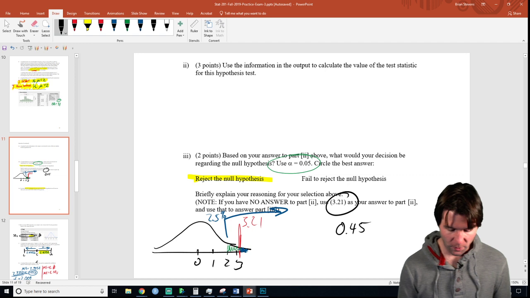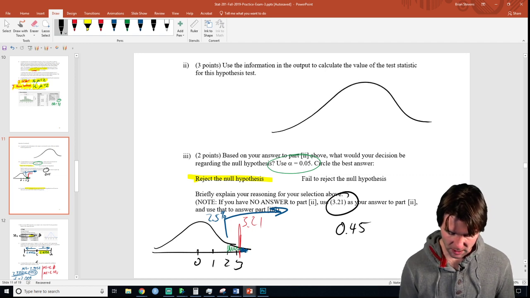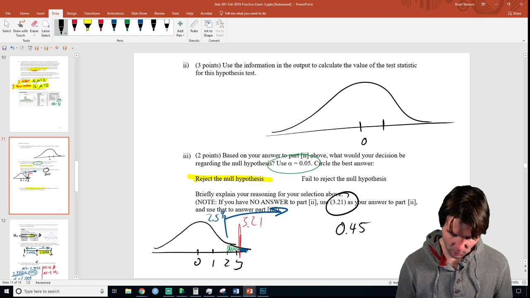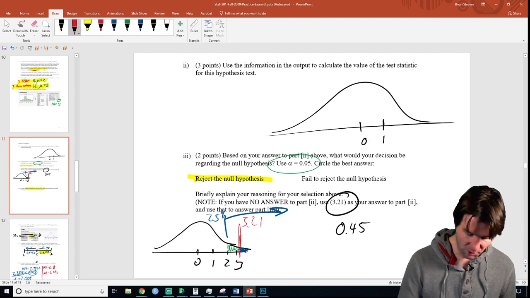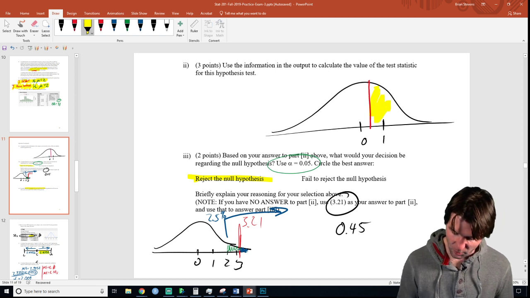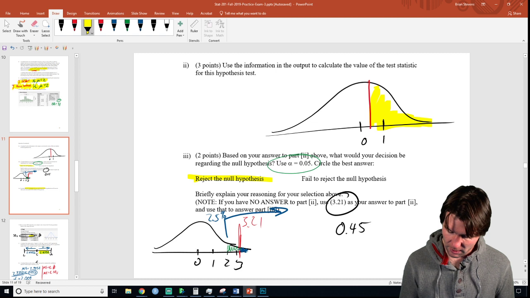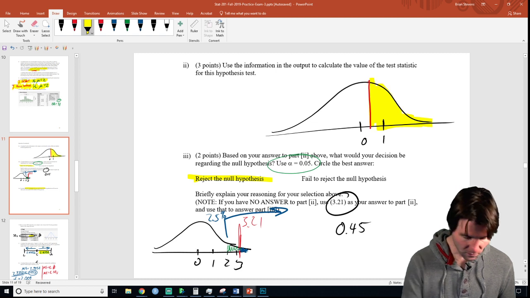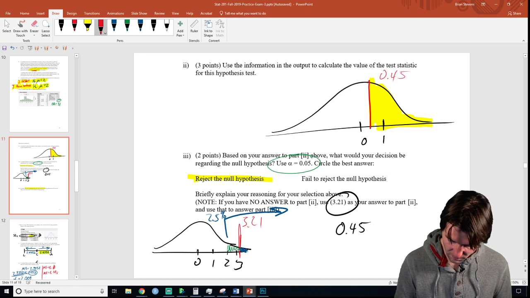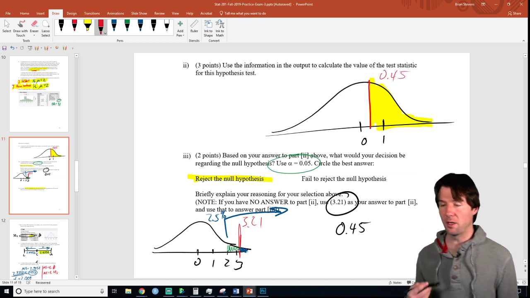0.45? Think about where that would land on the curve. If you had a T of 0.45, that would land right between 0 and 1. If this is what the question gave you, you would land right here, and I want you to tell me, does this look to be more than 5% of the curve? So with a T of 0.45, would that be more than 5% of the curve shaded?